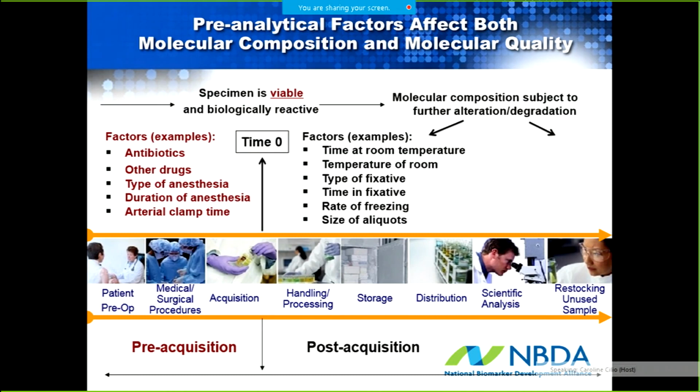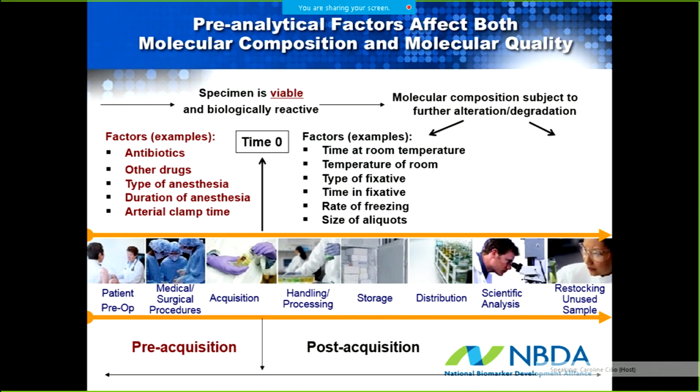Just to use surgical tissue as an example, and of course from the NCI this was cancer specimens for the most part. The pre-analytical phase represents a lot of processes and a lot of people that touch the biospecimen, a lot of physical and chemical forces, antibiotics, anesthesia, etc., that affect the biology of the biospecimen.